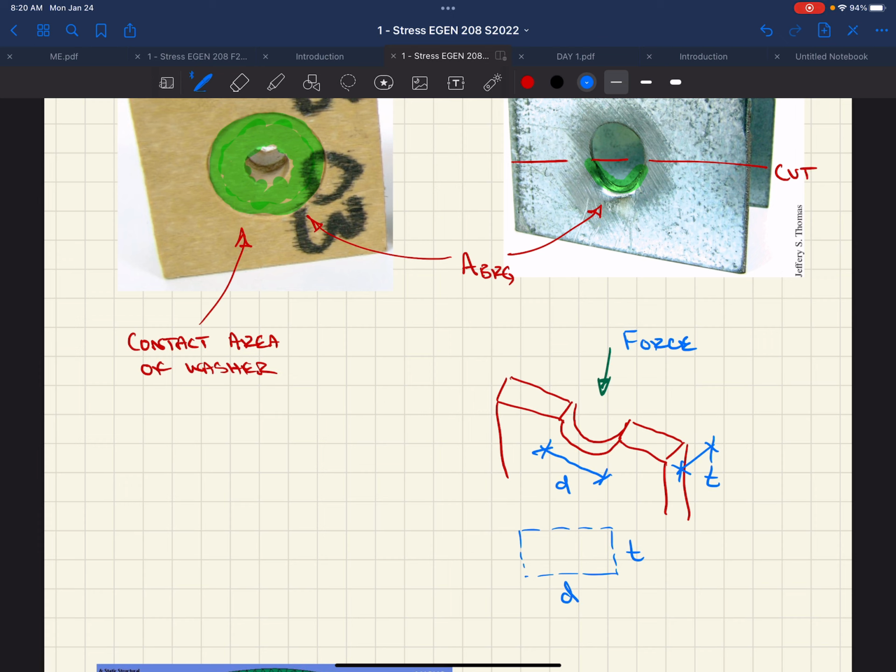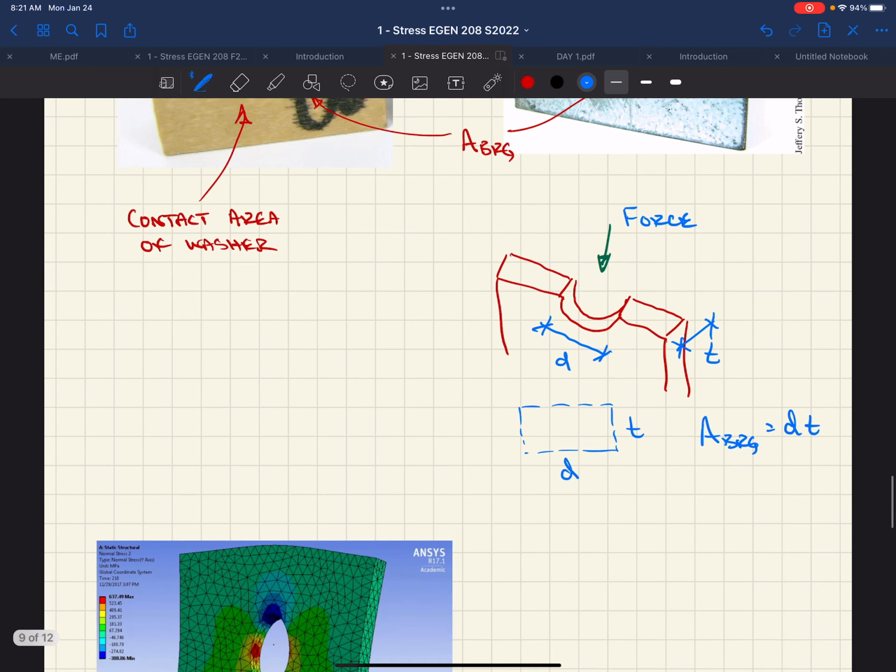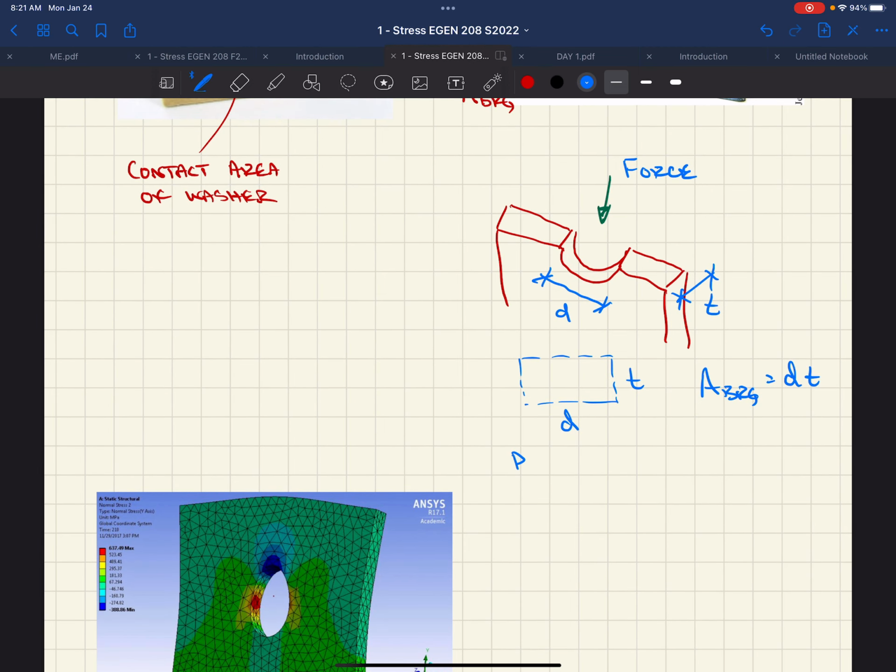That perpendicular area, or our bearing area, is the thickness of the bolt or width of the hole times the thickness of the plate. We would call this the projected contact area of the bolt on the side wall of the bolt hole.